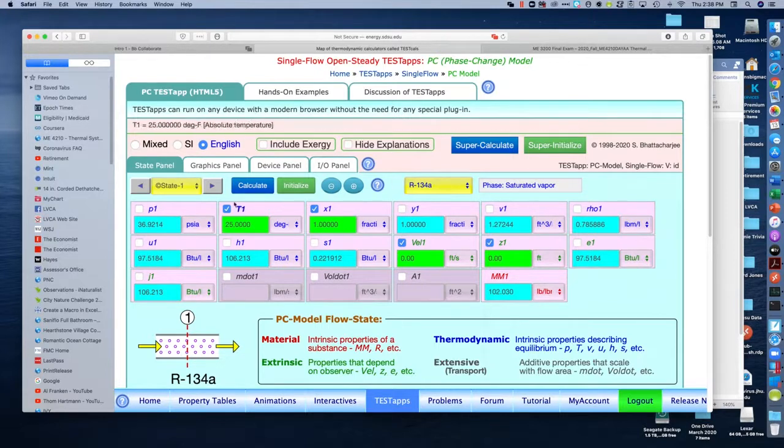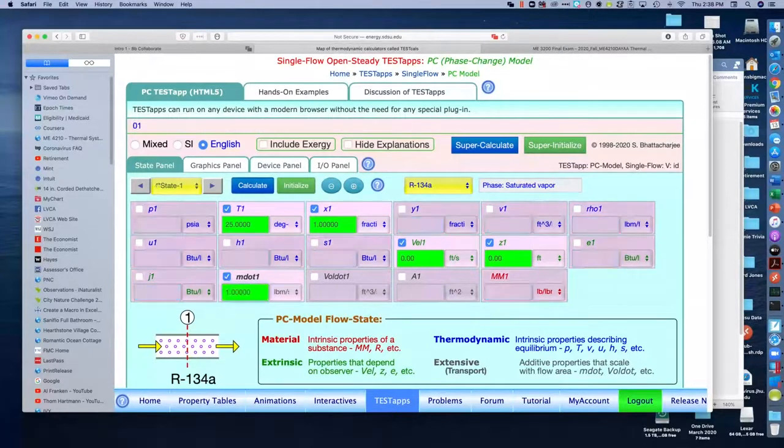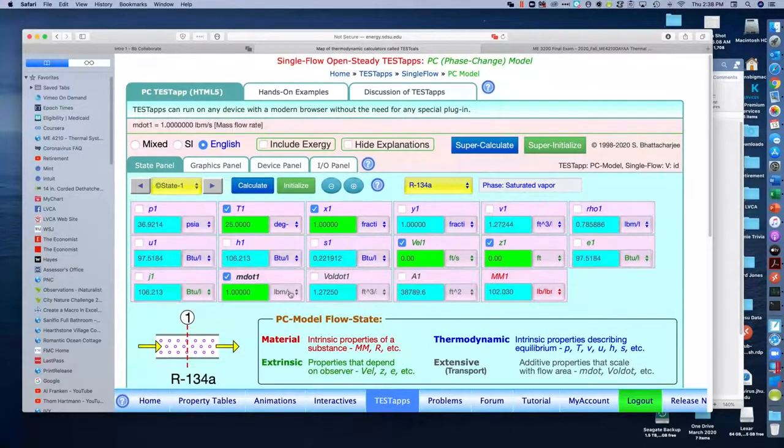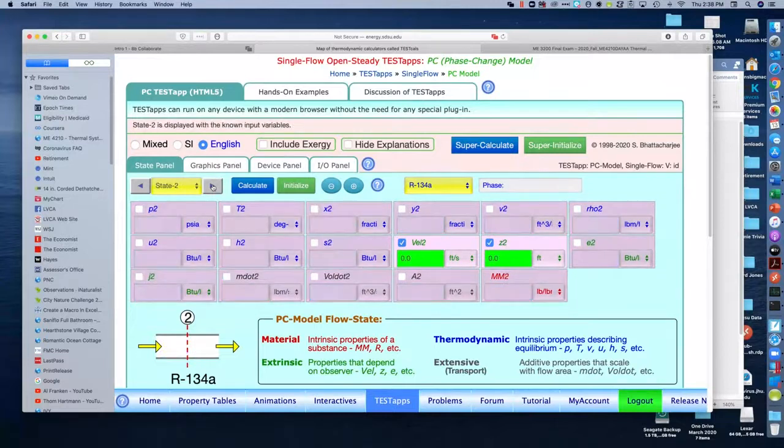We didn't know, there wasn't any mass flow specified for this particular problem. And so we're going to just put in 1 pound per second, just as a reference point. And so we now need to have it go through the isentropic process.